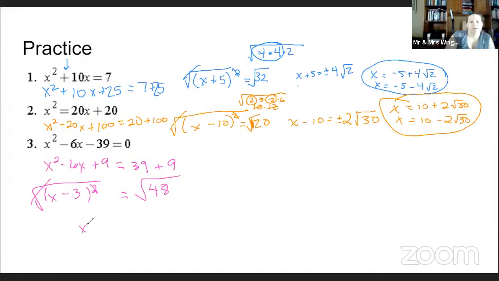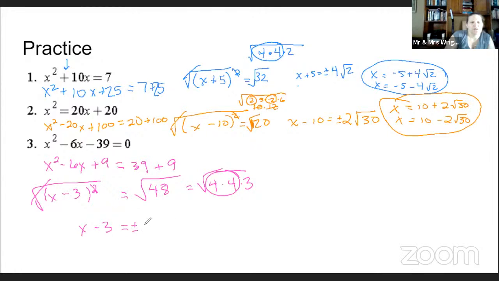Square root of 48, I'm pretty sure they can be divided by 4. It gives me 12. So square root of 48 is going to be 4 times 4 times 3. Let's make sure that works. 4 times 4 times 3 is 48. And then I see a pair right there looking to get married. They're going to the altar.